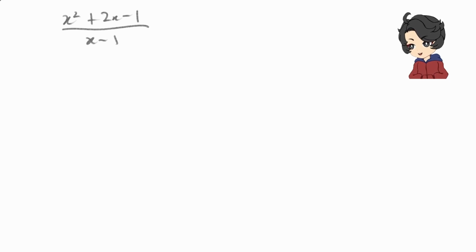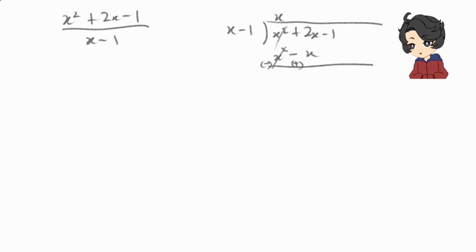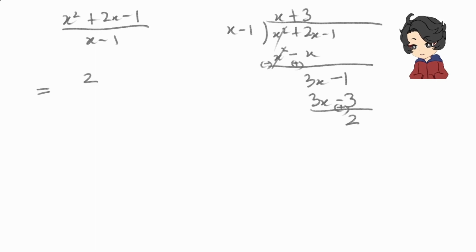Well, of course, there is a shorter way, but you kind of need to have a bit more understanding of how fractions work in terms of functions. So let's leave that aside for now. If we apply the long division, what we end up with is this. So this would turn into 2 over x minus 1 plus x plus 3.